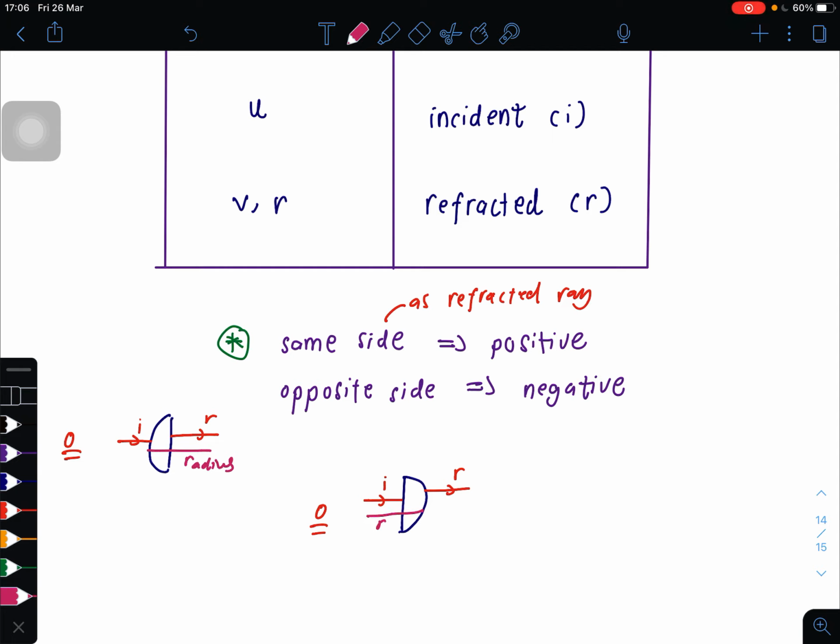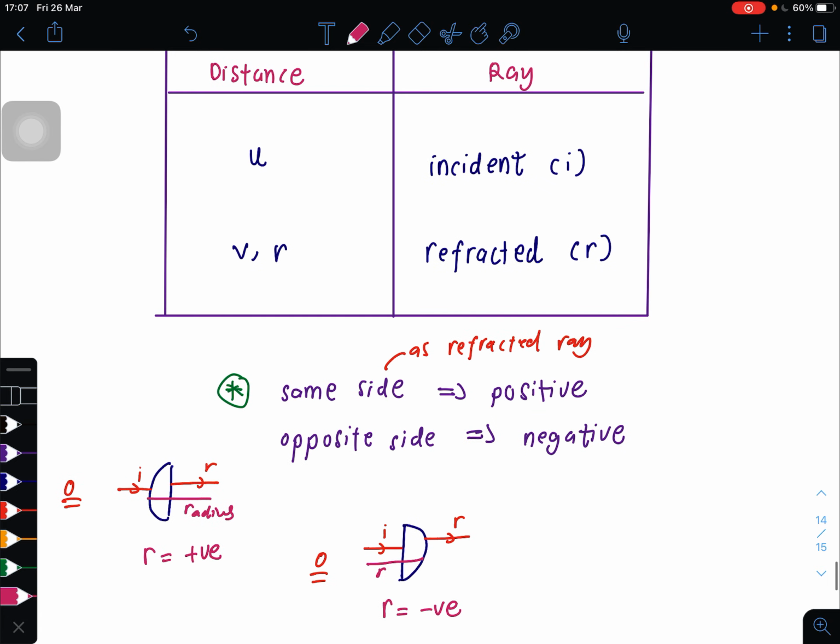That will be the radius. So now radius ni is on the opposite side because refracted ray kita dekat belakang sini. So now radius dekat sini akan jadi the same side as I. So meaning that radius dia akan jadi, radius dekat sini akan jadi negatif, dekat sini dia akan jadi positif. Okay, so tu cara untuk kita tentukan the sign convention for the radius.